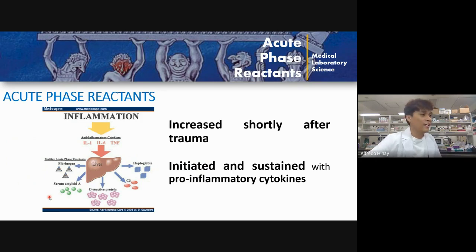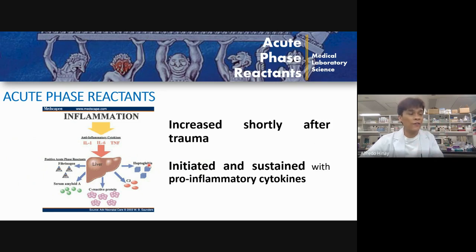So your liver, due to the production of interleukin-1, interleukin-6, and TNF, will be activated and produce different APRs. So they are initiated and sustained by pro-inflammatory cytokines. So, sir, we know that the last stage of inflammation is repair.